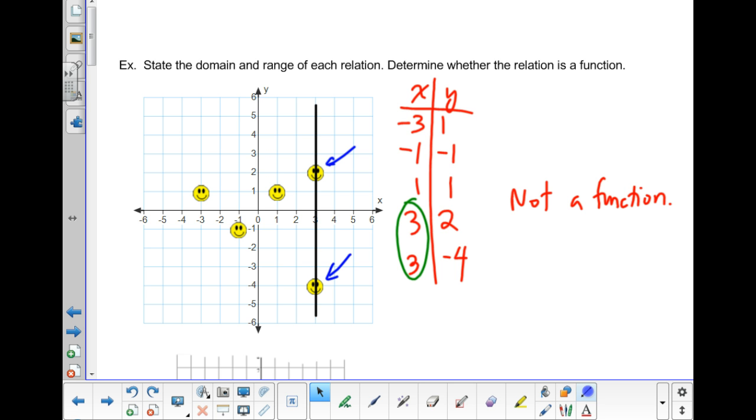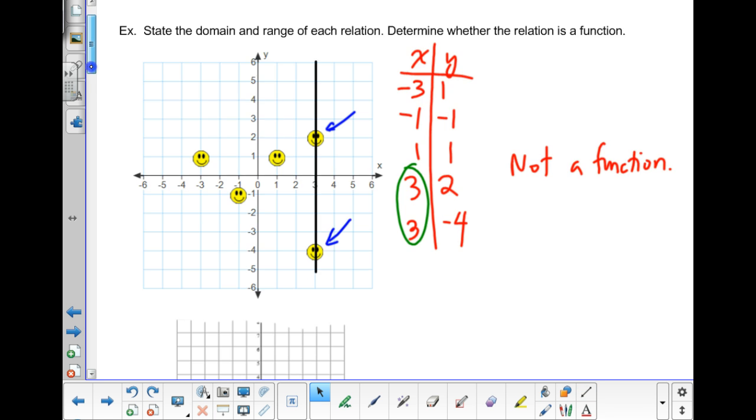Well, there's something called the vertical line test. The vertical line test basically says that if you imagine a vertical line going across your graph, if at any point 2 points touch that vertical line at the same time, then the relation is not a function. So in this case, this is not a function.